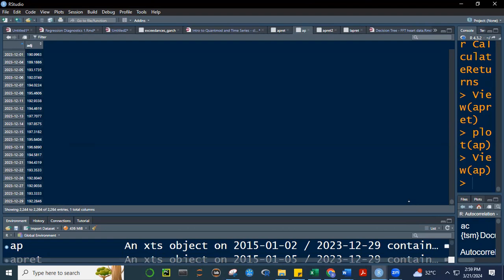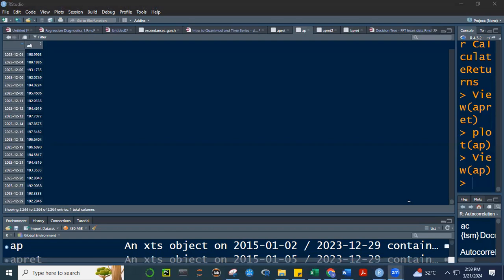Because it is the difference between the current value and the past value. So you get the difference between these two, 192 minus 193, you have a figure here. Then 193 minus 192, another figure here, until the last, which will not have a corresponding difference. So this is your lag one, order one differencing.